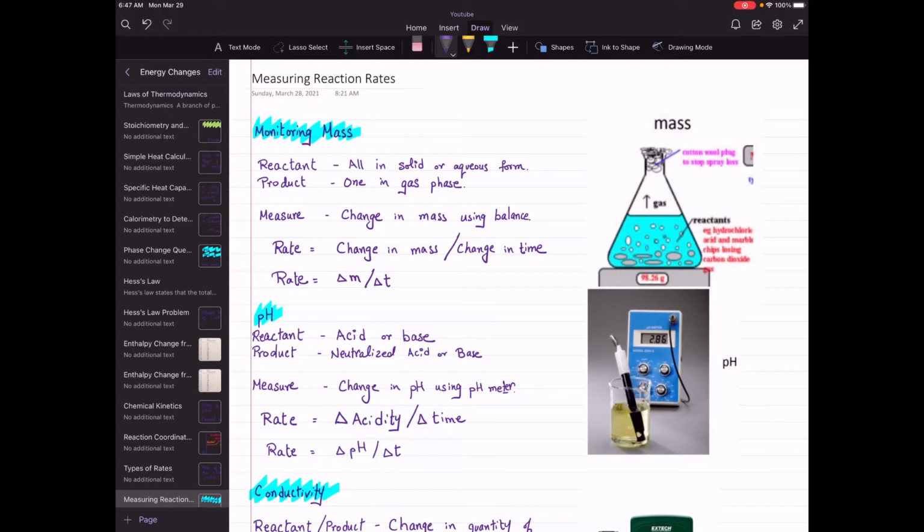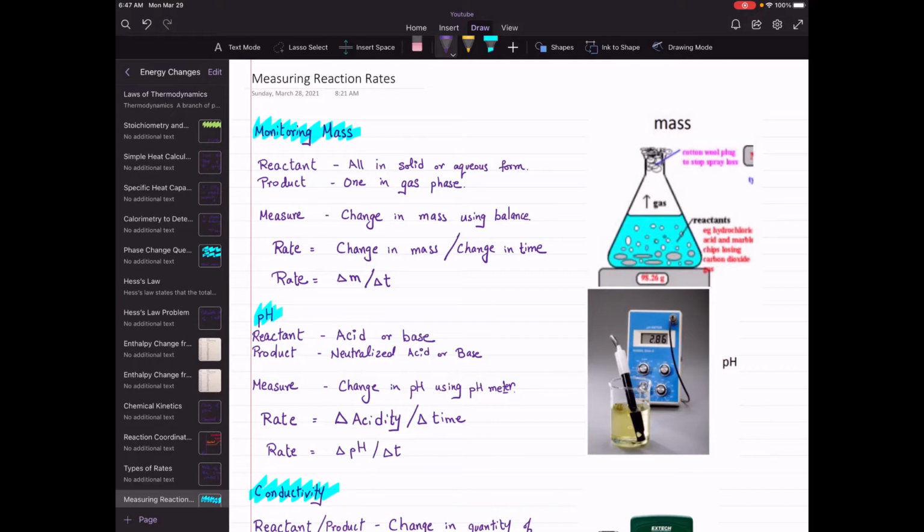So what will happen in this reaction is that the solid mass, which has a specific mass in the balance, will produce a gas, and the mass of the substance is going to reduce over time because a gas is going to be produced and released from the container.